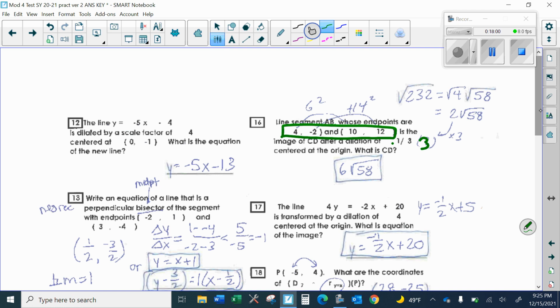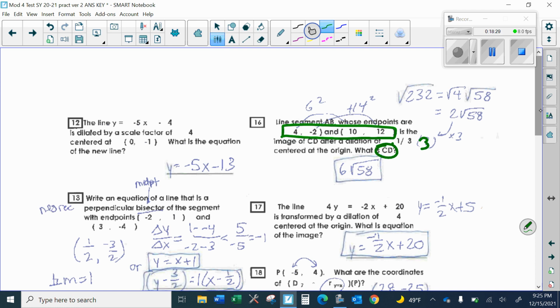After I find the distance between those 2 points using the distance formula, I multiply that answer by 3, and that'll be the length of your pre-image. So -4 to 10 is a total distance of 14, and -2 to 12 is 14.